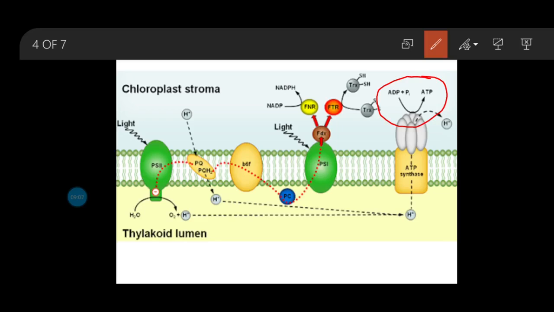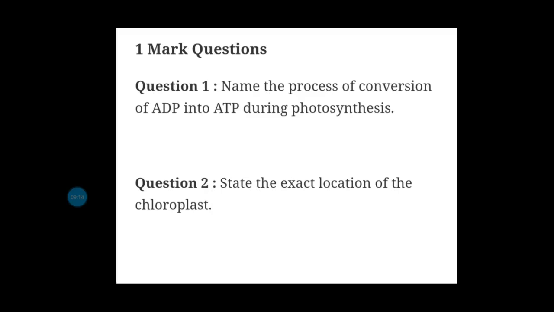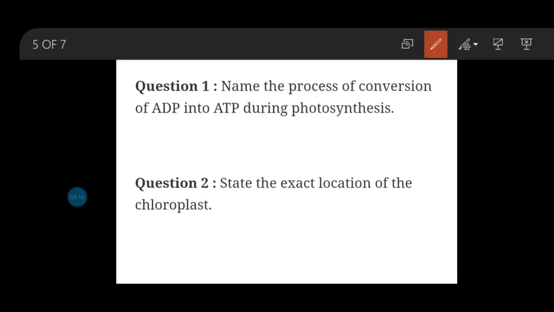Now we will practice some questions from ICSE examinations. Now see here, question 1 is asking, name the process of conversion of ADP into ATP during photosynthesis.